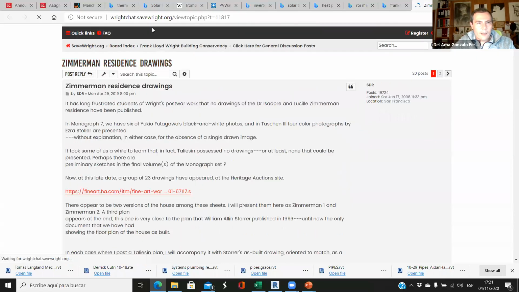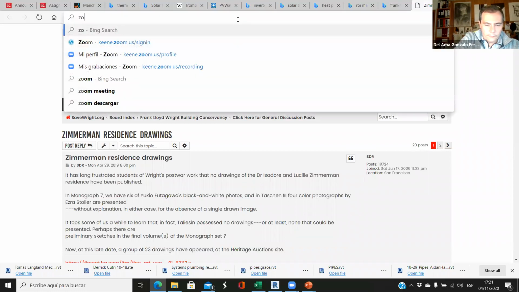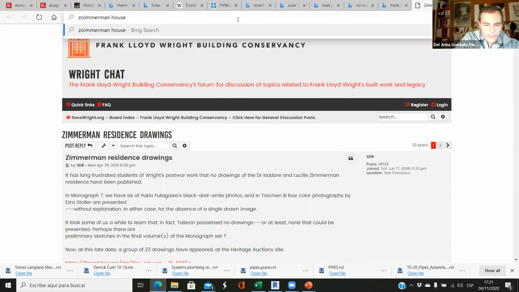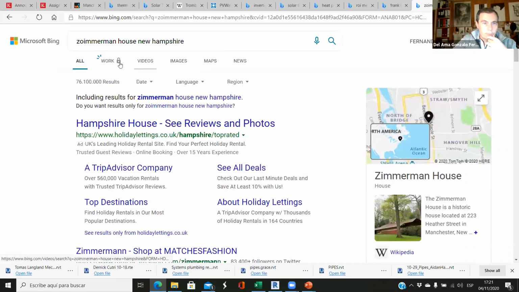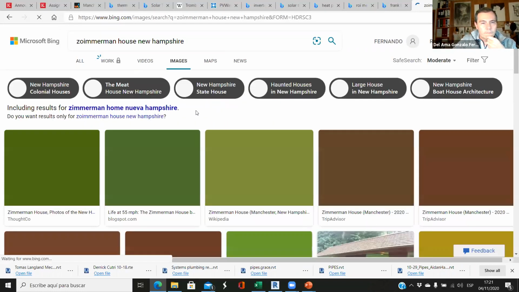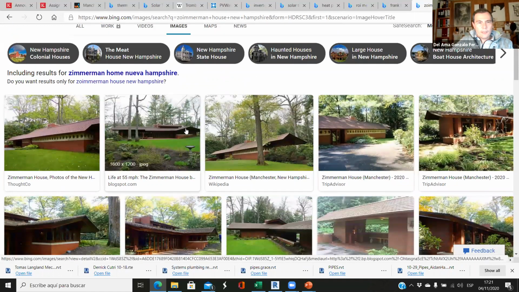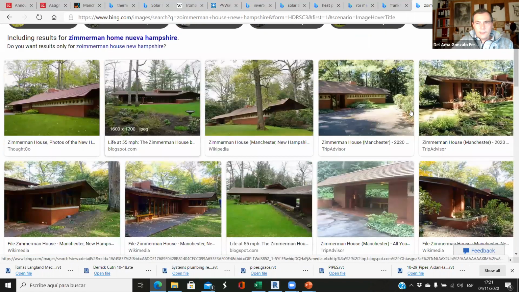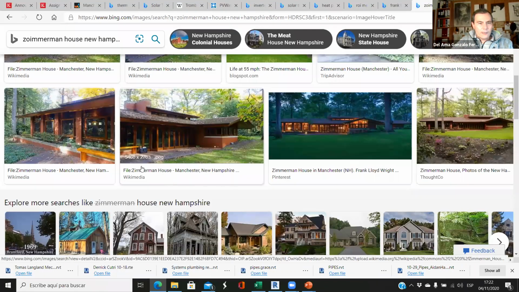okay, this Zimmerman house, it's interesting. Because it's in New Hampshire. Okay, so this is in Manchester, New Hampshire, and well, it has all the features of Frank Lloyd Wright's house.